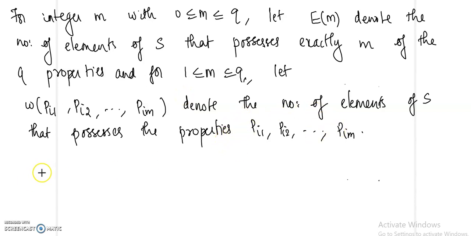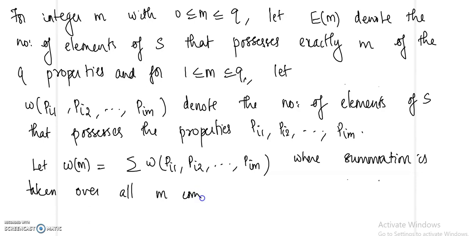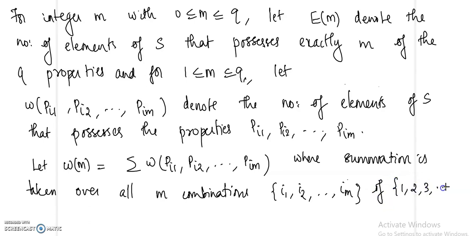Okay, and let me define omega of m to be the summation over omega of Pi1, Pi2, etc. Pim, where the summation is taken over all m combinations i1, i2, etc. im of 1, 2, 3, etc. q.